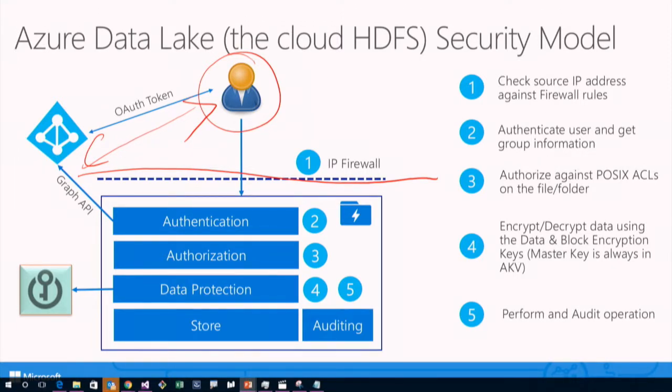Now, once you get through that IP firewall and we've been able to determine that you are a legitimate user and you penetrate into the data layer, there is the first level of authentication that happens. As part of the data lake service, now we go ahead and talk back to the Active Directory via graph APIs to determine and ascertain your identity, as well as get security group information around what kind of assets you have access to.